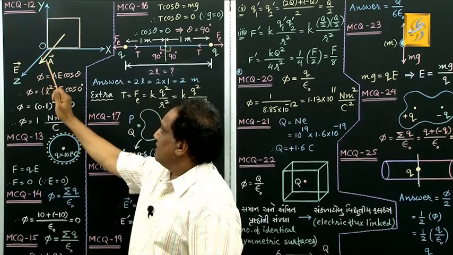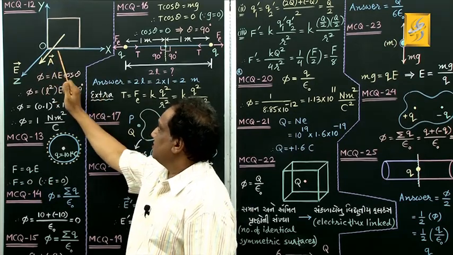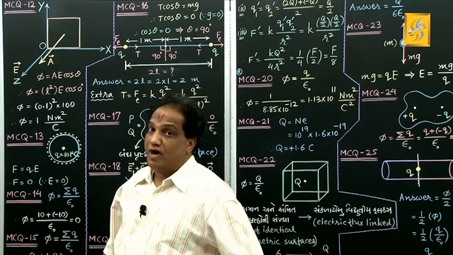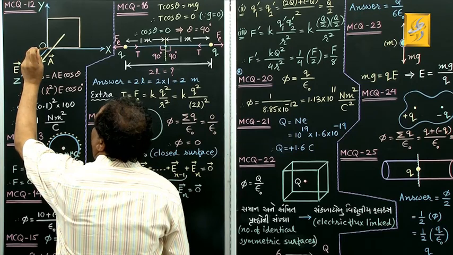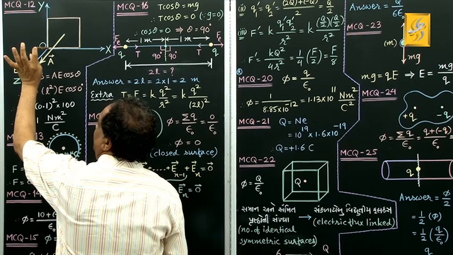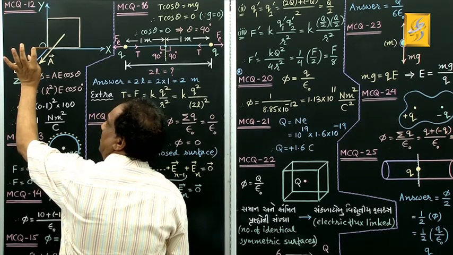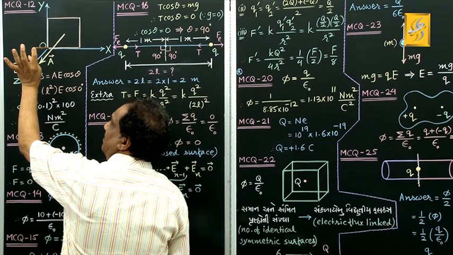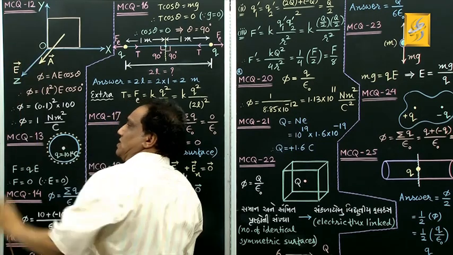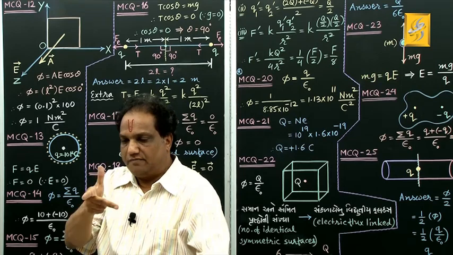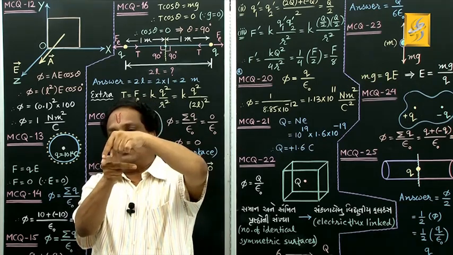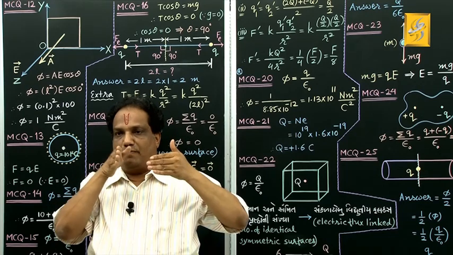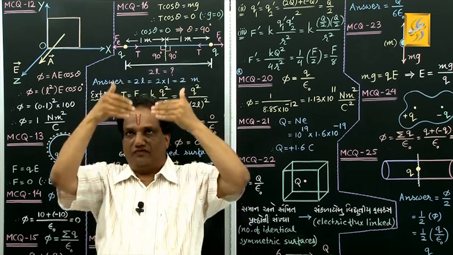Tell me, if this is the positive x axis and this is the positive y axis, where is the positive z axis? This way, perpendicularly outside the plane of the figure. So you may think of it this way: if this is the positive x axis, this is the positive y axis, then this is the positive z axis, perpendicularly outside the plane of the figure.